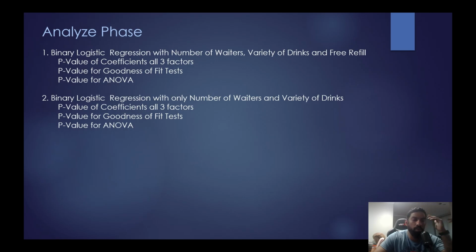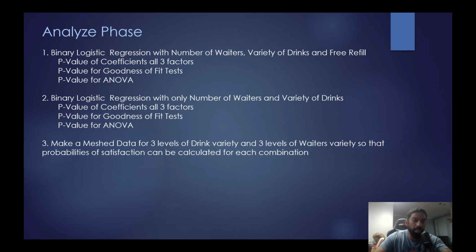So then we move on to creating a mesh data because now that we have created a model from the survey data that we had acquired, we want to calculate the probabilities for different levels of these influential factors. And for that, we will be using mesh data and select certain levels of drinks and certain levels of waiters and see what the probability comes out for each of these combinations.